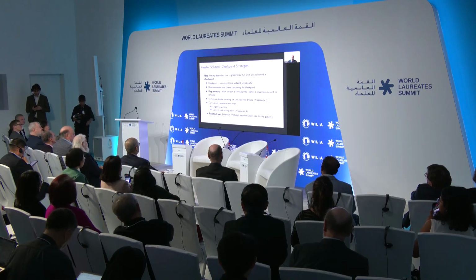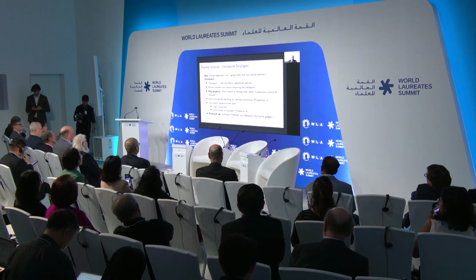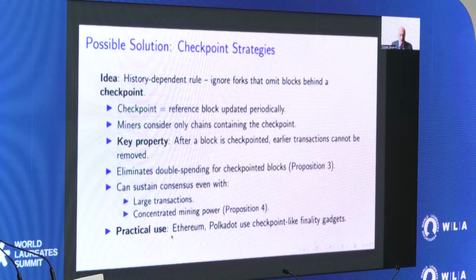So it eliminates double spending for a checkpointed block. That's what they're going to do. And then they have various propositions that show how this works. They show that it contains some of the vulnerabilities, it prevents some of the vulnerabilities.